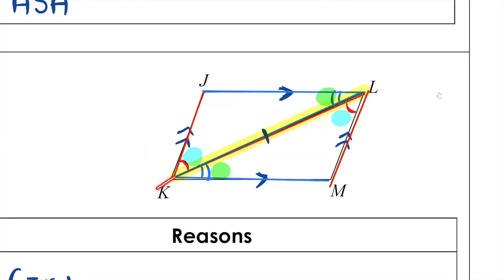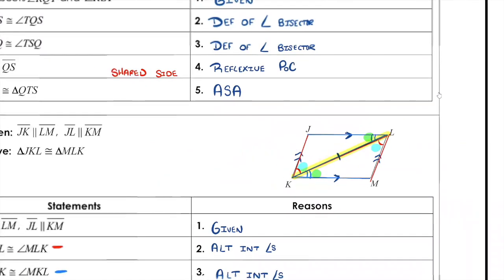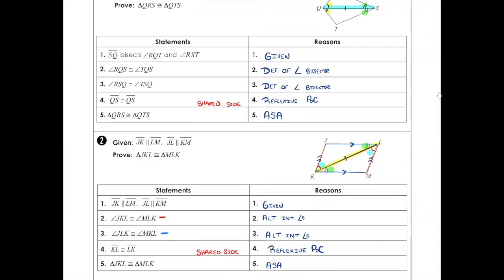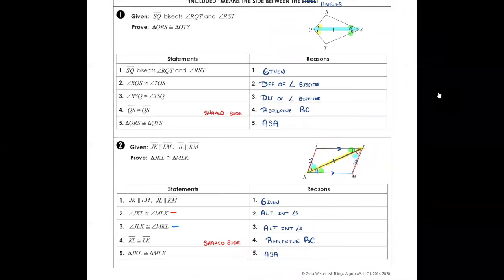Yes. Bottom triangle, is my yellow side touching both of my congruent angles? Yes. So that's what allows us to go angle, side, angle. Any questions? Thoughts, concerns, prayer requests?